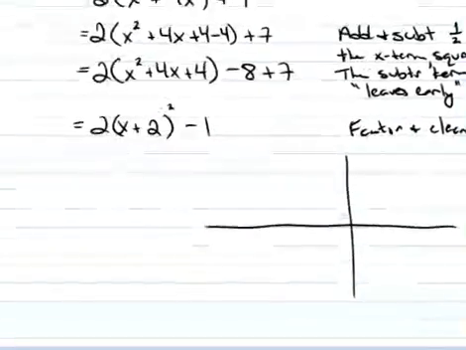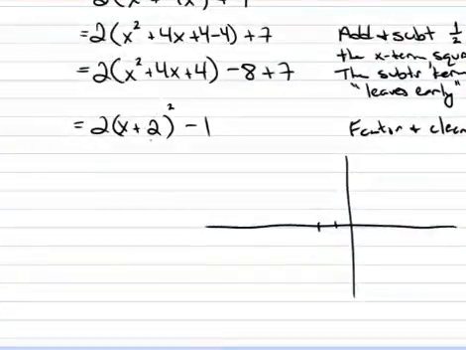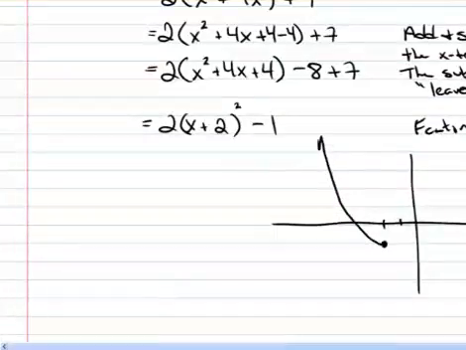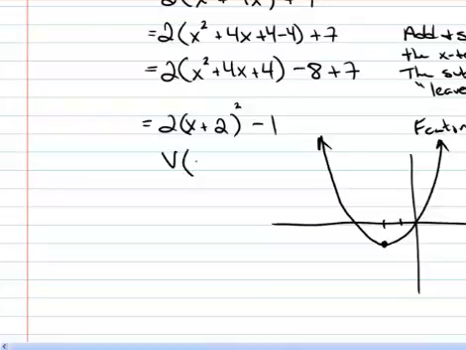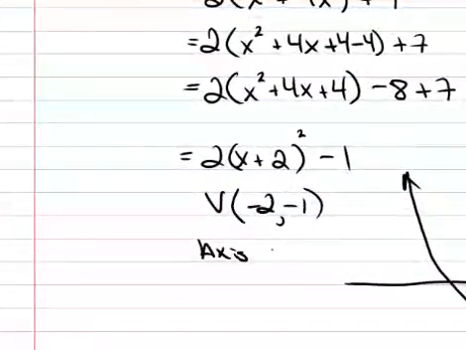That means it looks like x squared, except it has been moved to the left 2 and down 1. And it's positive, but it's been steepened by multiplying by 2. So it's going to open up and it's going to be steeper than x squared. And we have a vertex at -2, -1, and we have an axis at x equals -2.